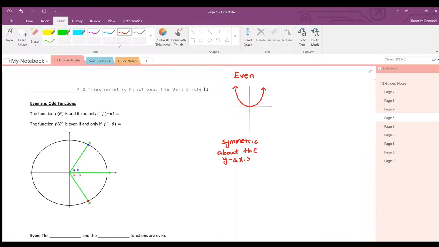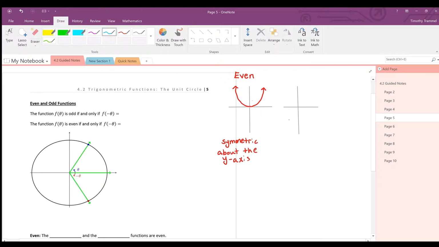Okay, and then another one of these would be odd. So let's make a sketch of an odd function. There we go.